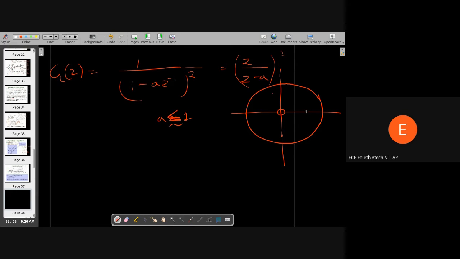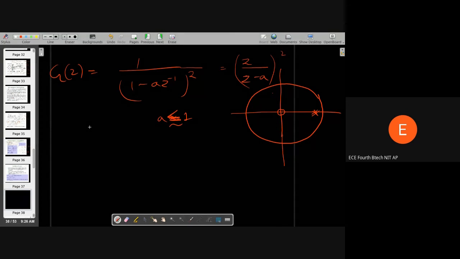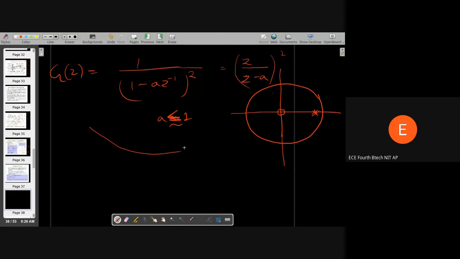So some real pole is here, but with multiplicity 2. But let's analyze one of them. We have analyzed a signal like this before. What happens is it comes out to be a decaying exponential, and you have two decaying exponentials.